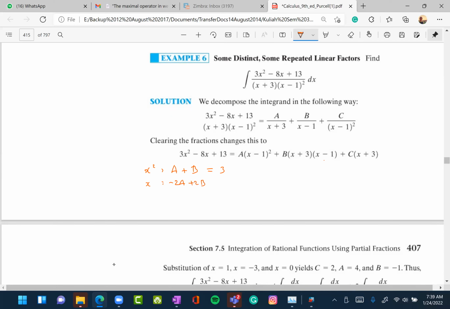And here you have just c. That should be negative 8. And the constant, see how many: here just a, since the constant is 1. Here the constant is negative 2, so negative 2b. Here the constant is just 3, so plus 3c. That equals 13.